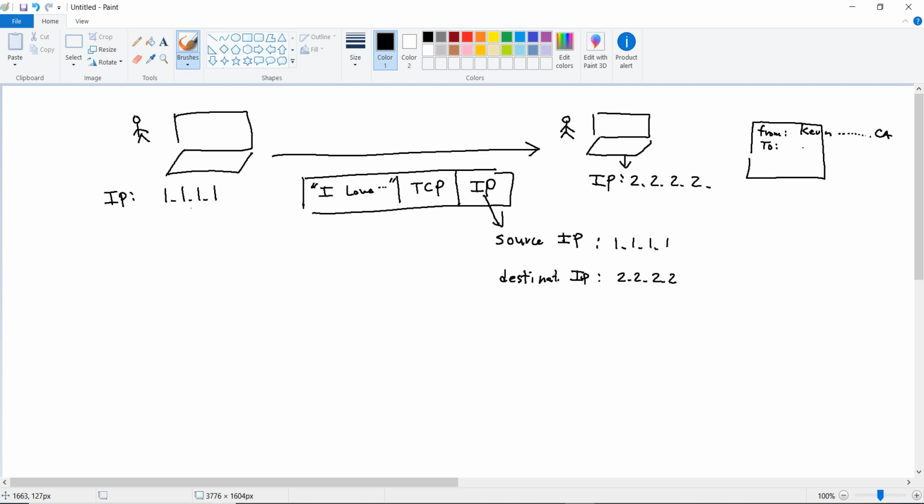To is your mom, with her name, and if she lives in New York, NY and a zip code. So you can think of the source IP address as the from field, and the destination address as the to field.